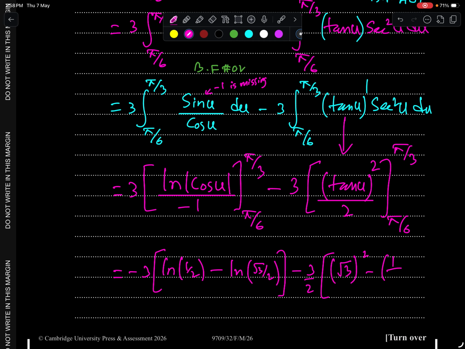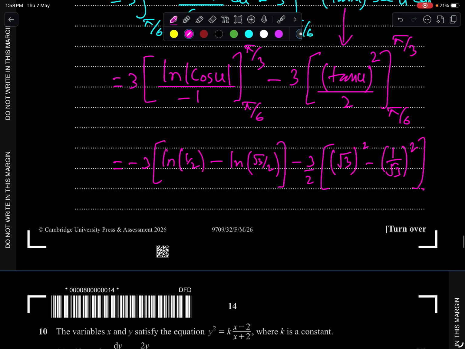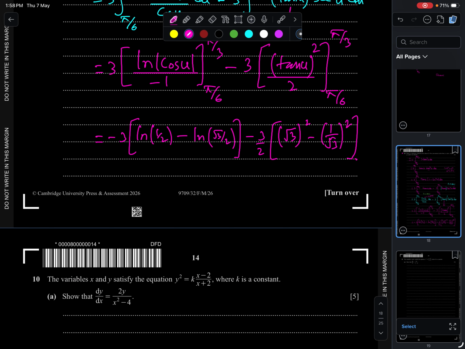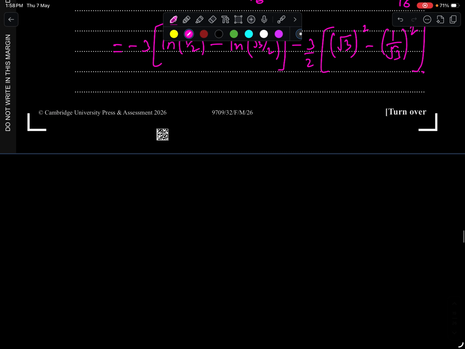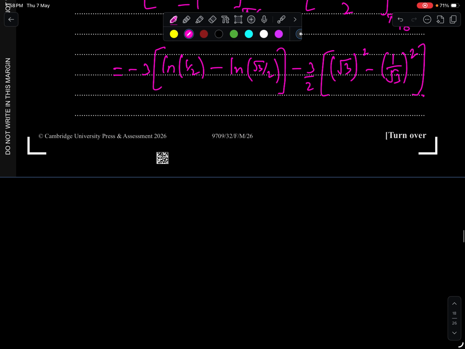Tan pi by 6 is 1 upon root 3 square. Okay. Now copy this, solve. Whenever you move on to next page, copy this very carefully.